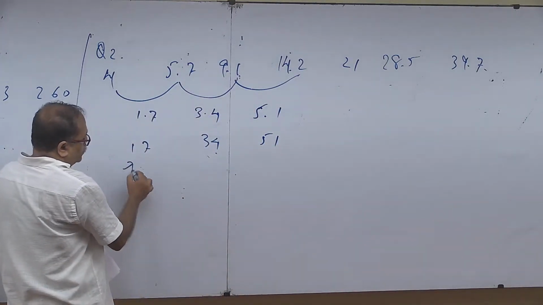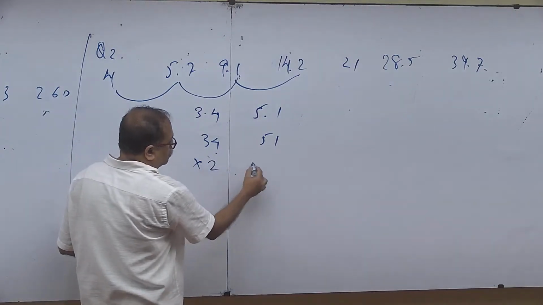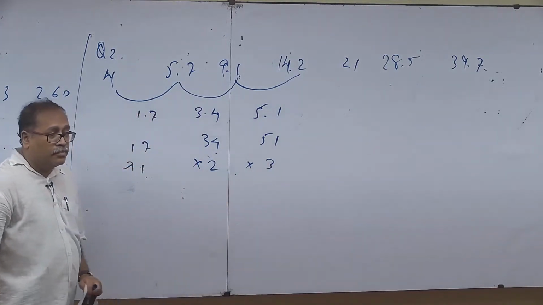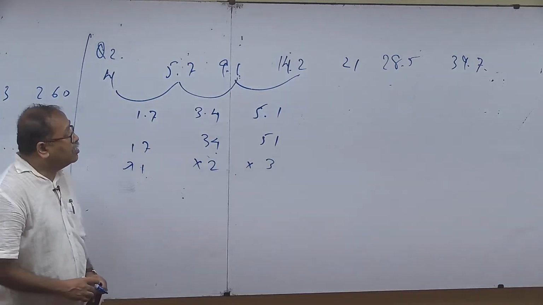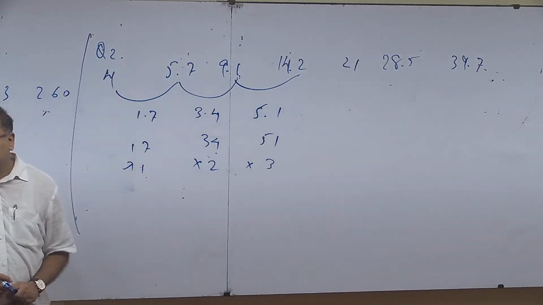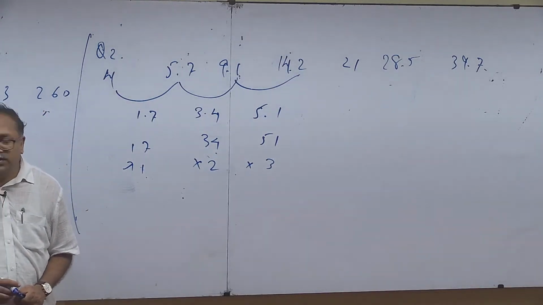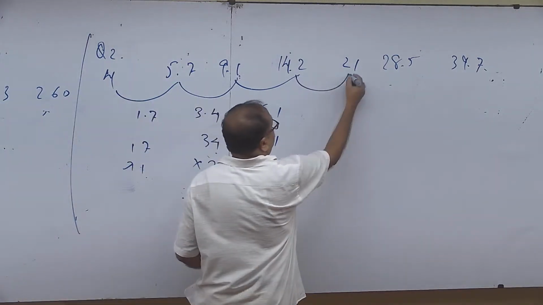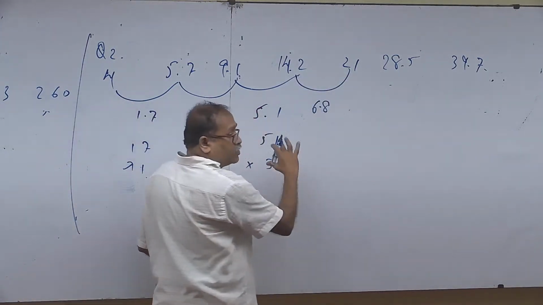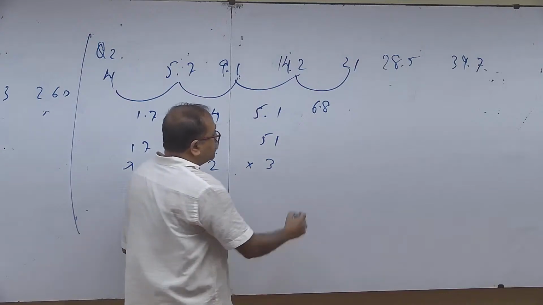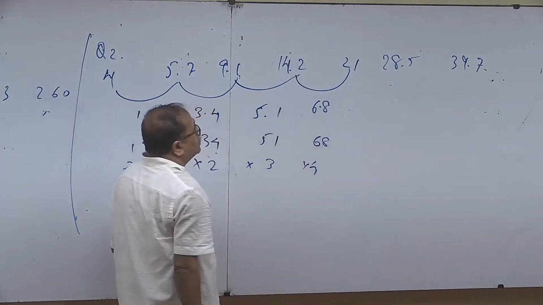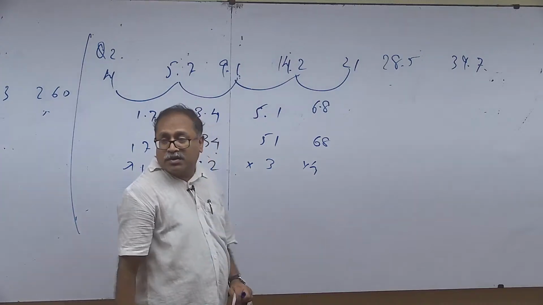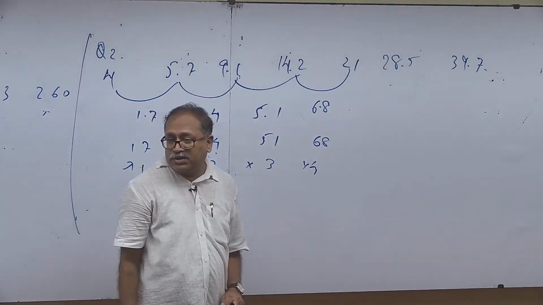I notice that it is 17 into 1, 17 into 2, 17 into 3. Followed by 17 into 4, the difference should be 6.8. Check whether the 6.8 difference is there or not. 17 into 4 is 68. 6.8, 17.4, yes, it's exactly there.